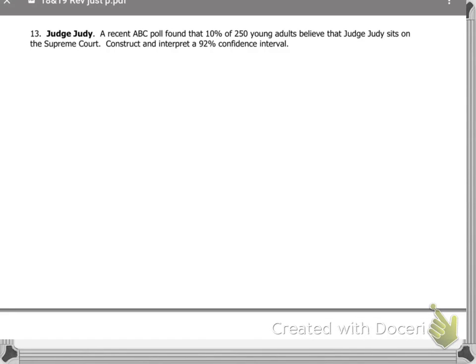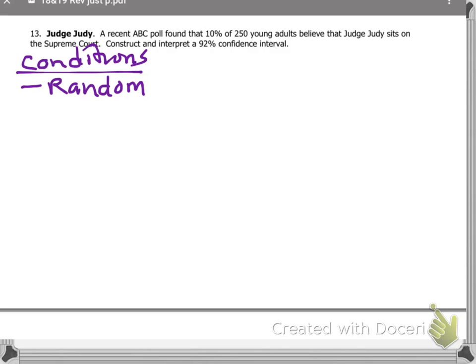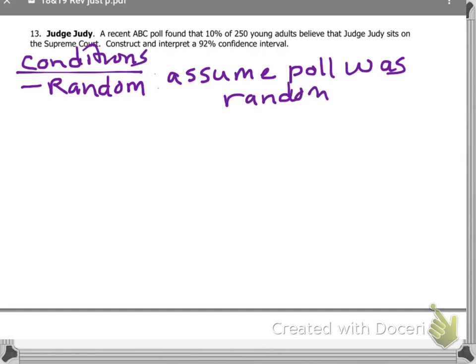Okay, so let's do this confidence interval. All right, and so first of all, let's do our conditions. The first one is random, and we have to assume... hopefully ABC would know how to do that. 10% condition.